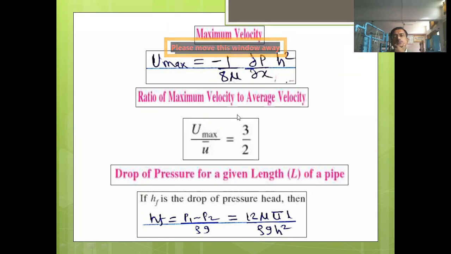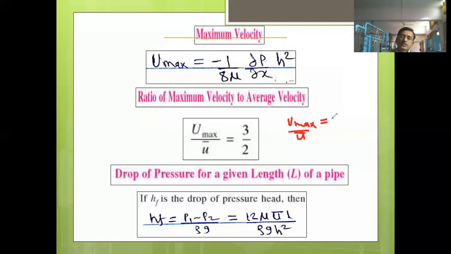The ratio of maximum velocity to the average velocity. Again, we have seen the same analogous equation for the pipe flow, where u max by u bar, the ratio of maximum velocity to the average velocity, is equal to 2. U max is equal to twice the average velocity.